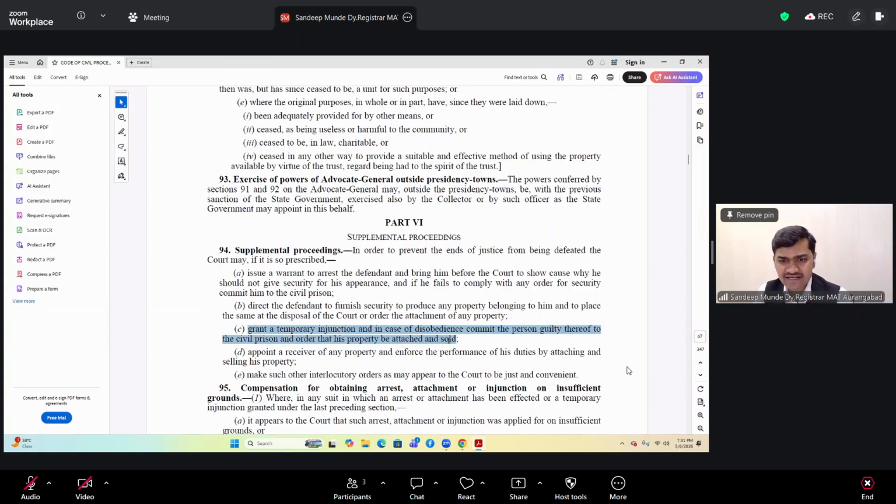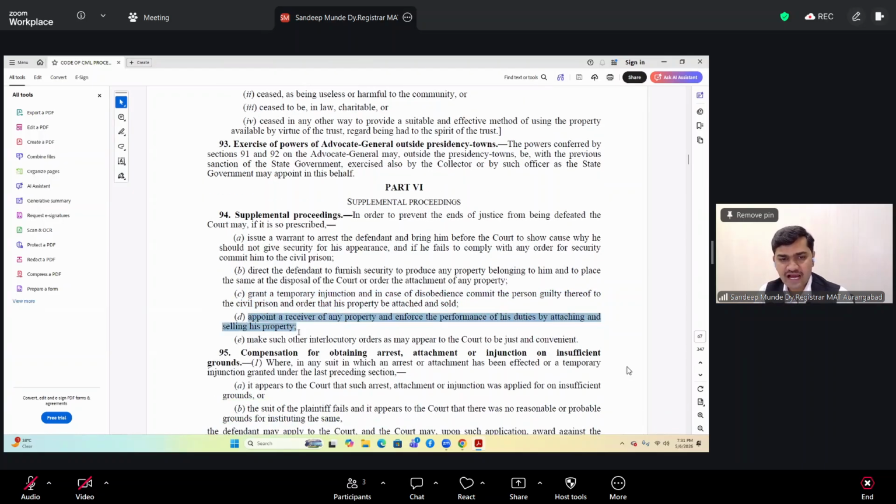C. Grant a temporary injunction, and in case of disobedience, commit the person guilty thereof to the civil prison, and order that his property be attached and sold. And D. Appoint a receiver of any property and enforce the performance of his duties by attaching and selling his property.